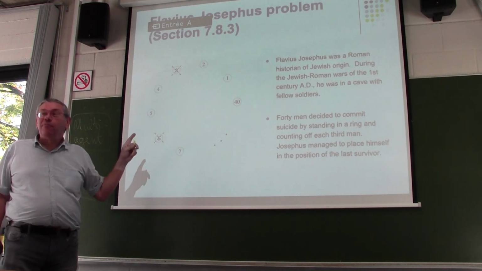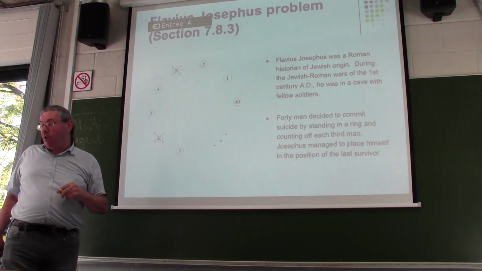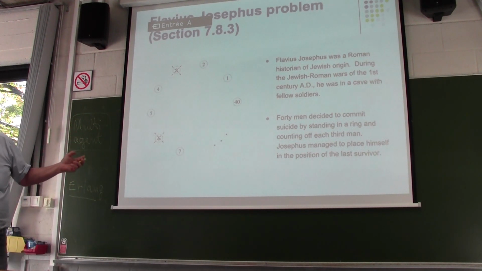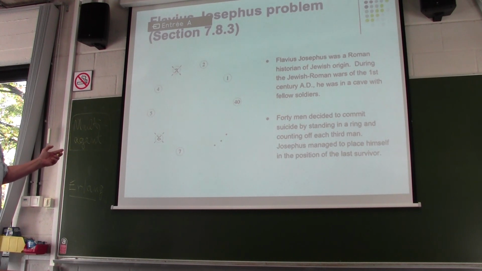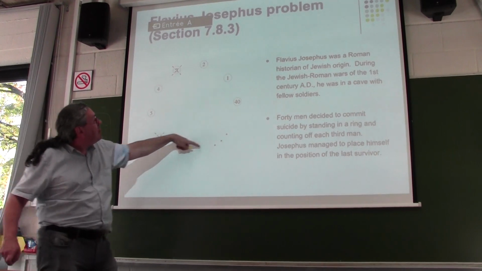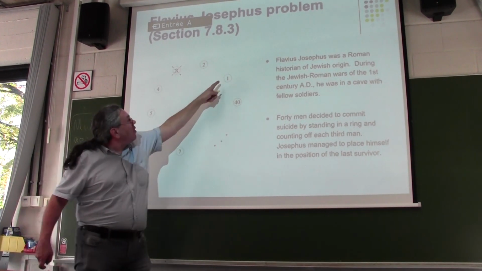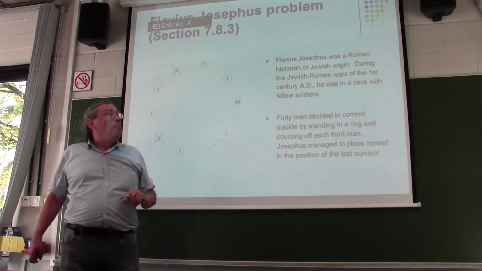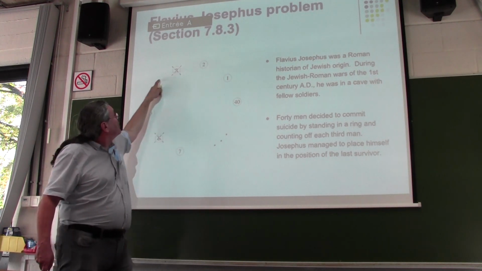So Josephus did that for 40, but we're going to write a program that does it for any number, okay? And we're going to use a protocol for that. So we're going to define a message protocol. These are all going to be active objects. But we will also do it using deterministic data flow.